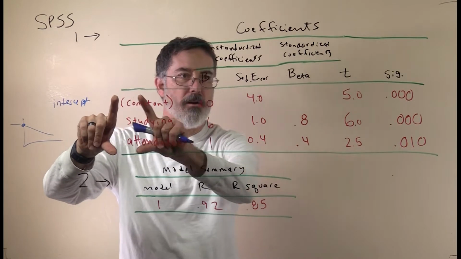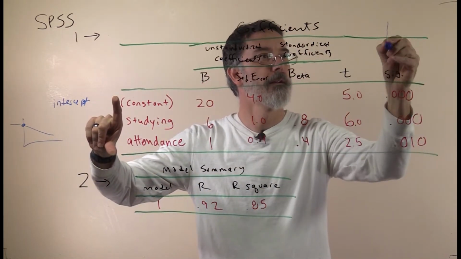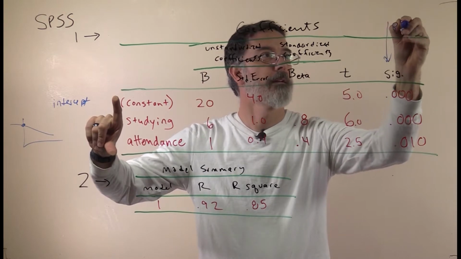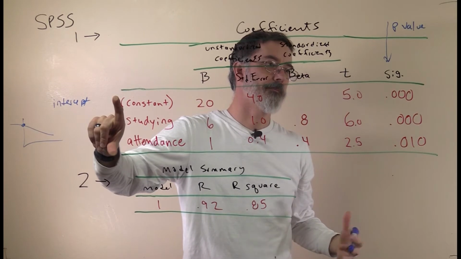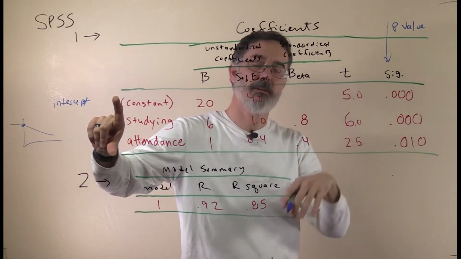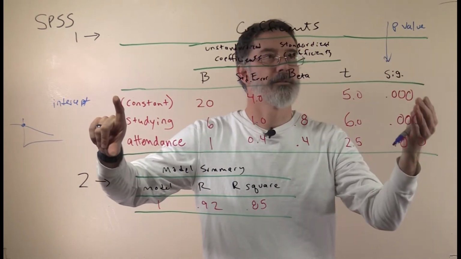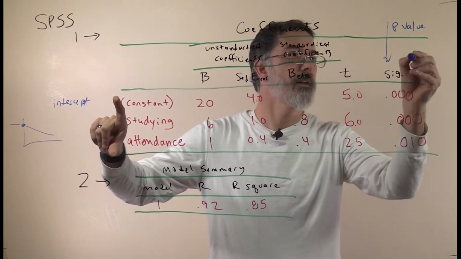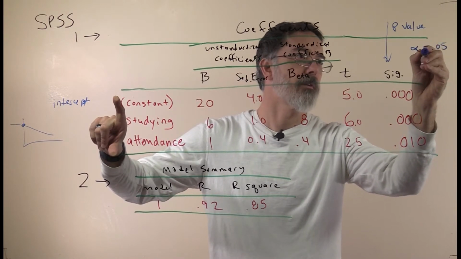The next thing I want to go to is all the way over on this side. So the sig, that is the p-value, right? Whenever you're doing statistical tests with one of these statistical programs, to decide whether you reject the null hypothesis or not, you compare your p-value with alpha, which we always have set at 0.05.